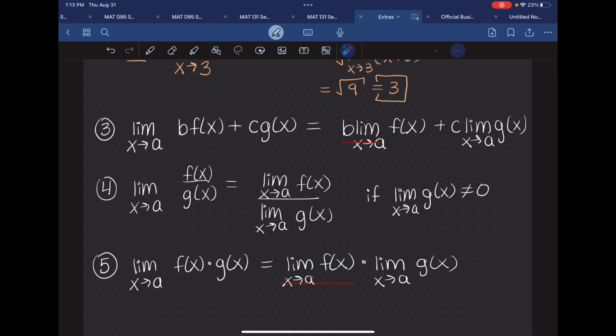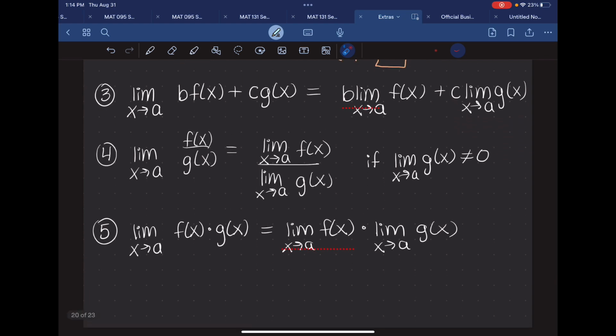Then I can distribute my limit across the sum, and I can also pull the coefficients out in front. So instead of the limit as x goes to a of b times f of x plus c times g of x, I have b times the limit as x goes to a of f of x plus c times the limit as x goes to a of g of x.